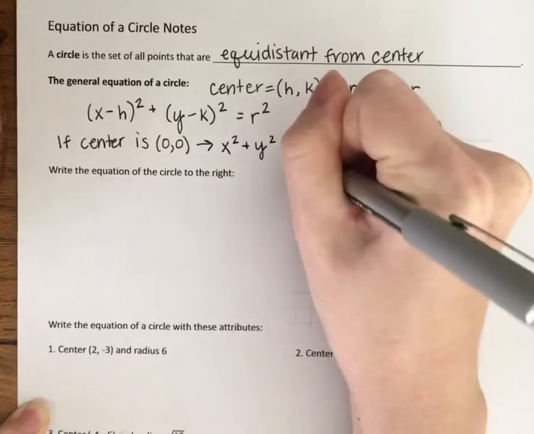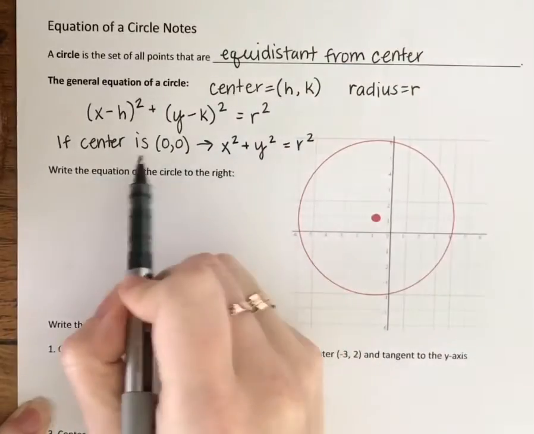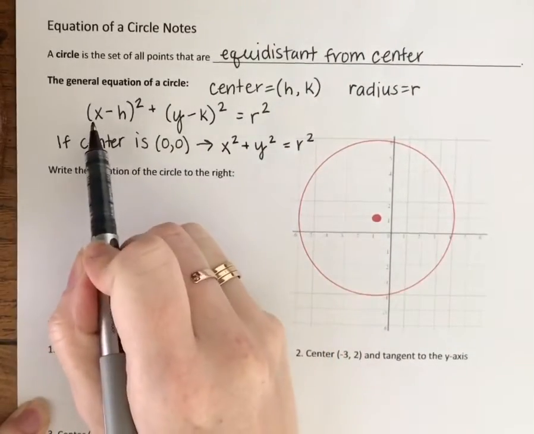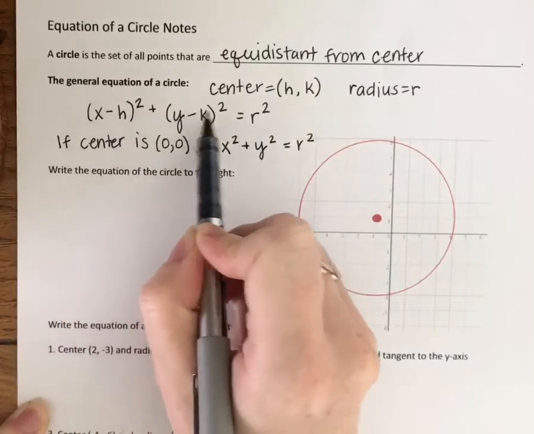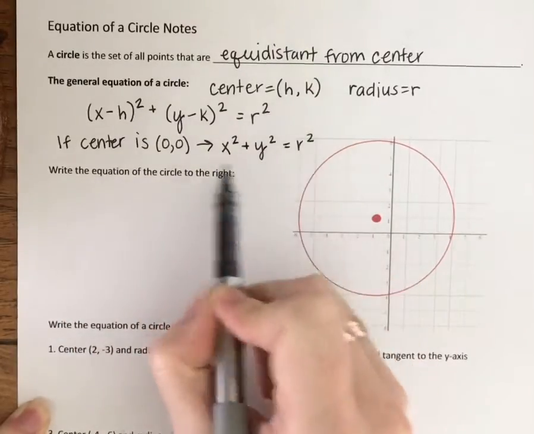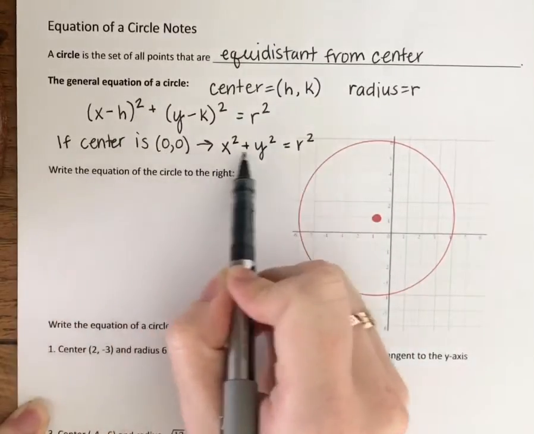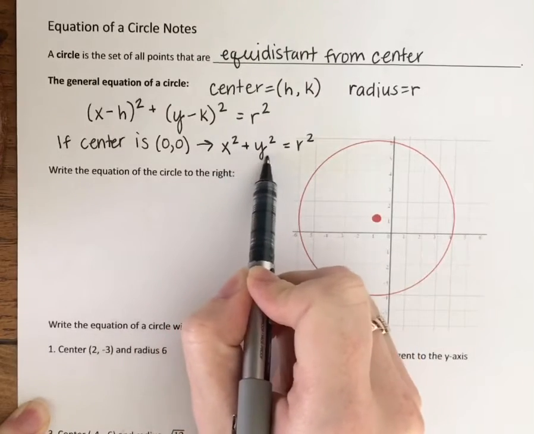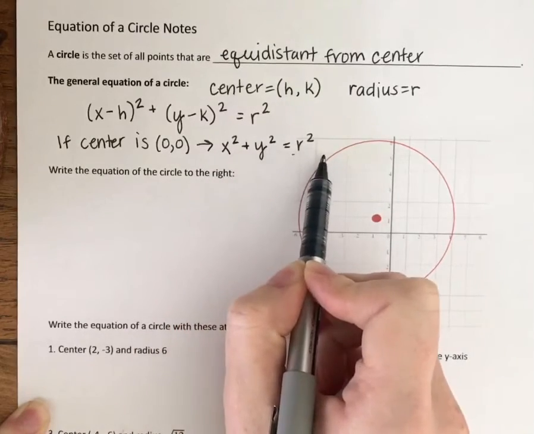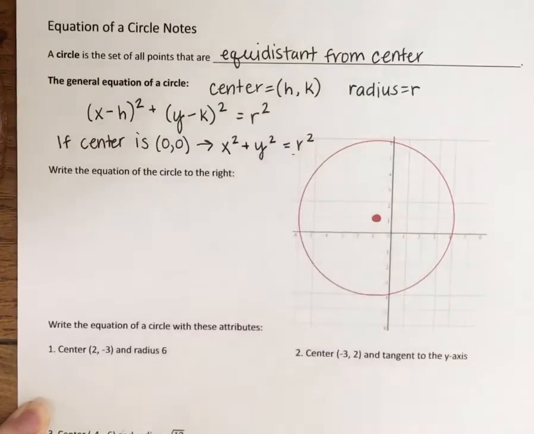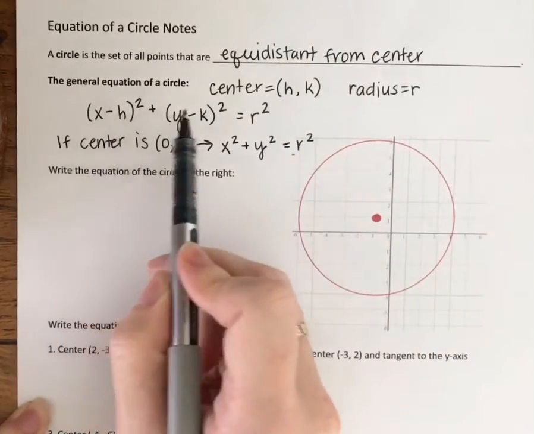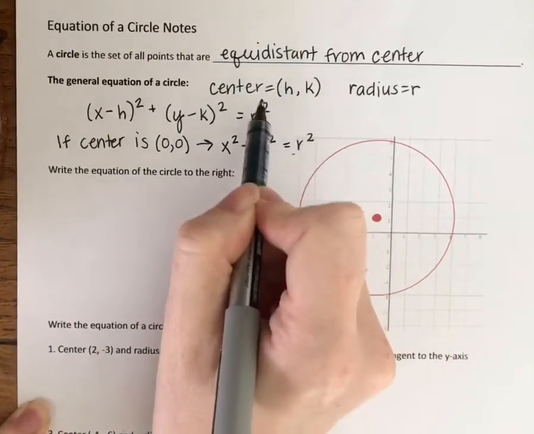And then it's still going to be equal to the radius squared, okay? So it's not wrong if you have x minus 0, y minus 0, but this is just a shorter way to do it. So only if the center is 0, 0, you would have x squared plus y squared equals r squared. Every other time, if the center is a different coordinate point, you do need to plug it into our general equation here, okay?